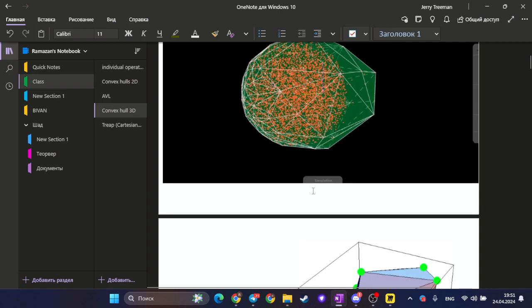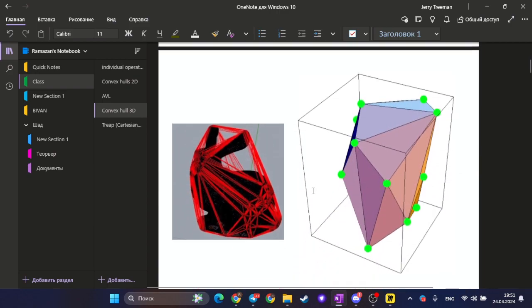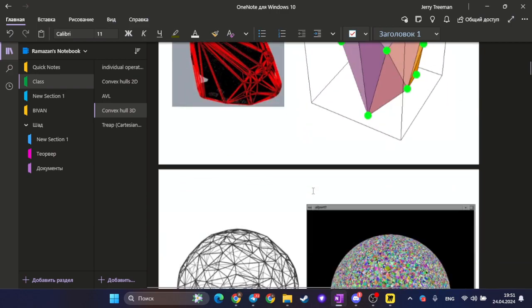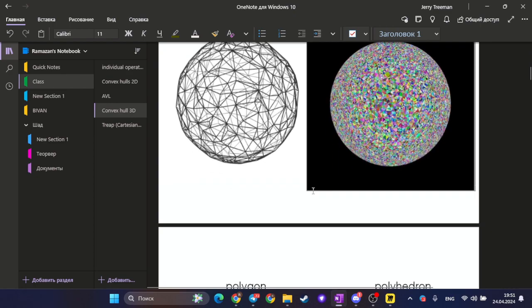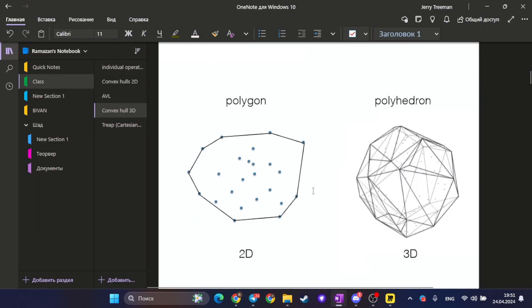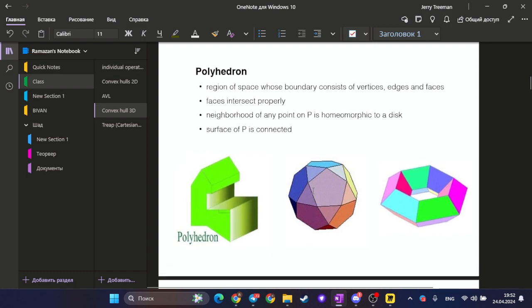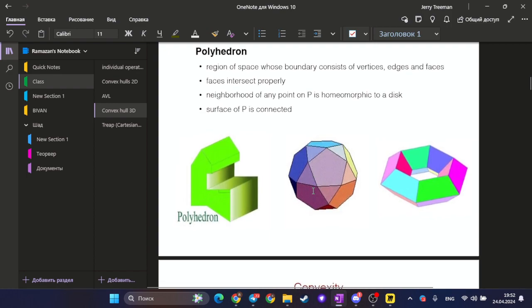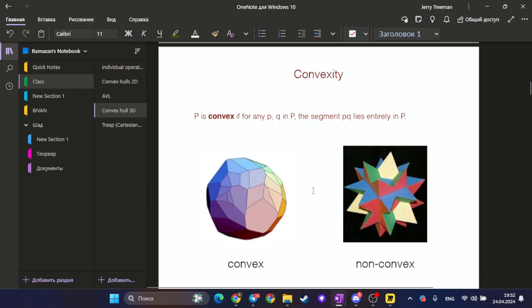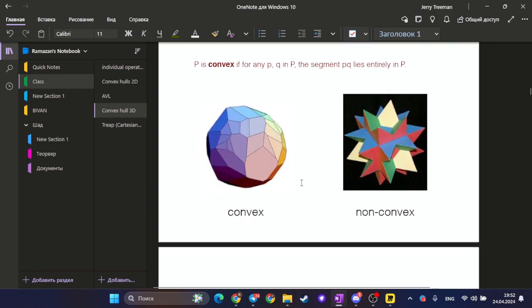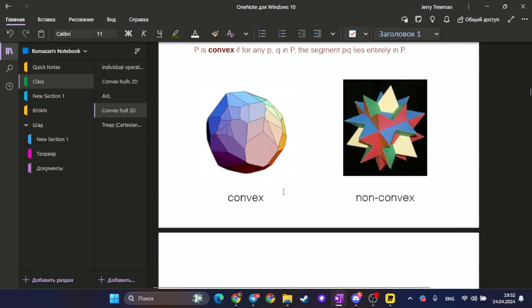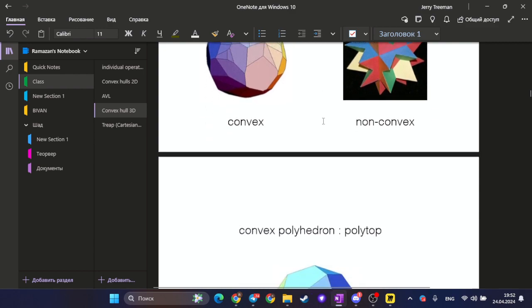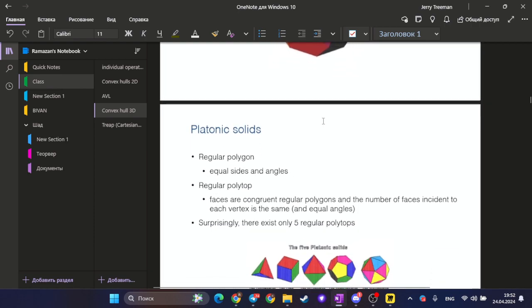Here's a non-convex hull. Here's the convex hull of the same points.